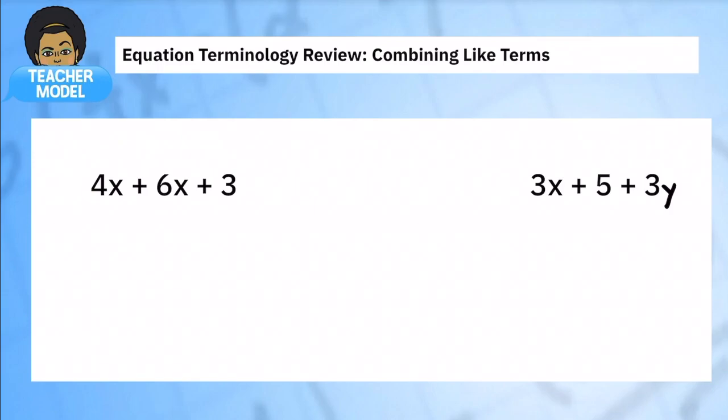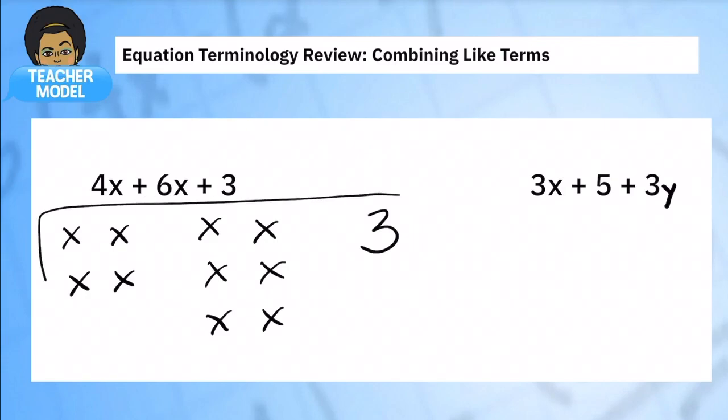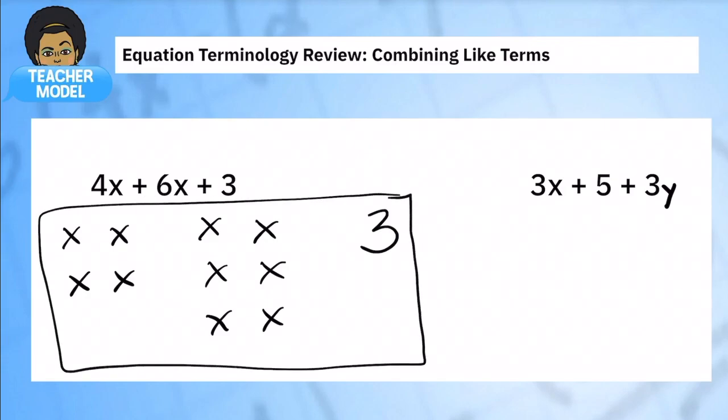So starting with the one here on the left, notice we have 3 sets of terms. 4 times the number. So again, I have 4 x's, 6 times the number, and 3. All this is in my expression. And just looking at it in this way, you can tell which things are alike. All these x's are the same, meaning instead of just having them spread out, we can call it x plus x plus x and repeat it 10 times.